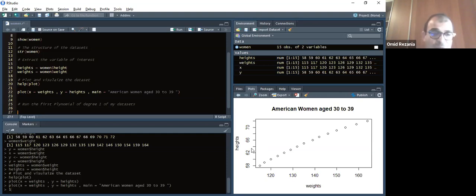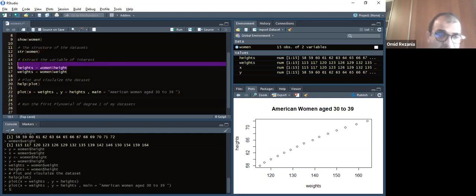That's what we want to have as a function. I'm just going to find the heights of American women. Either you can write it as women$height, which is the extraction of the heights, or you can just use the name of the object that you created.